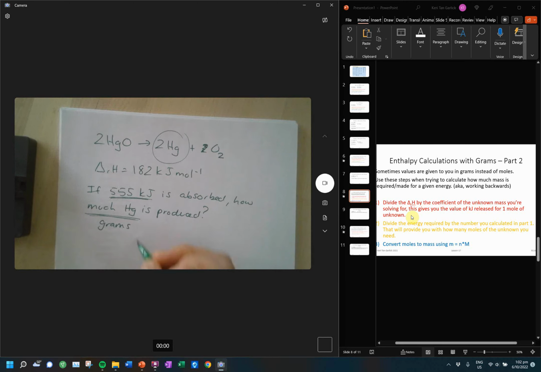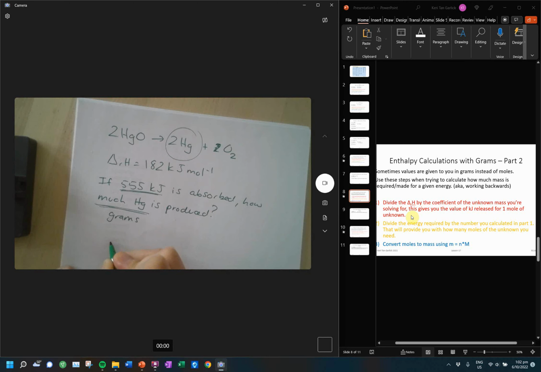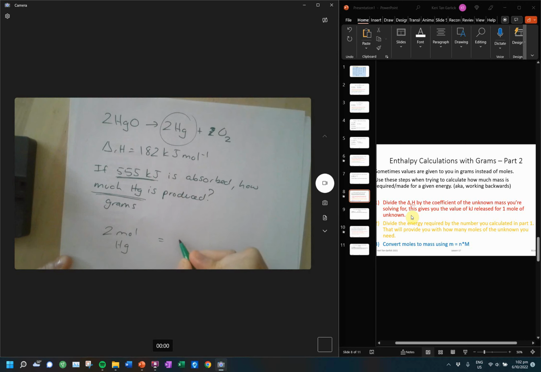So again, let me show you what I mean. So if I have 2 moles of H2 being produced, that based off of my equation is going to require 182 kilojoules. Now we want everything in kilojoules per mole, so 1 mole.